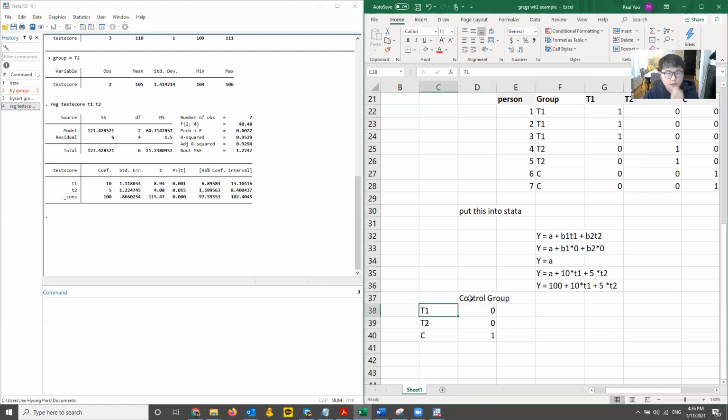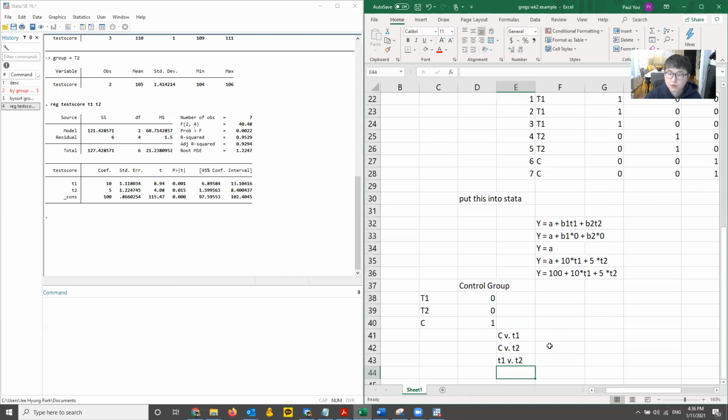And so you were asked 3 questions. Compare the control group to T1, control group to T2, and then T1 to T2.